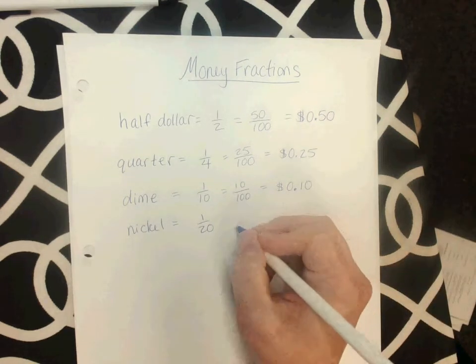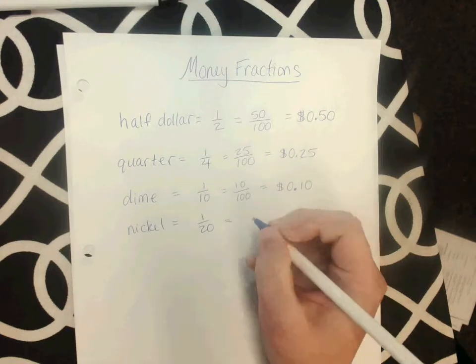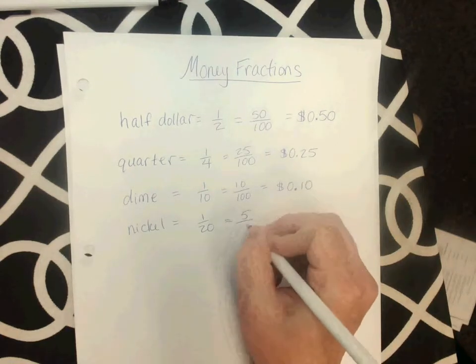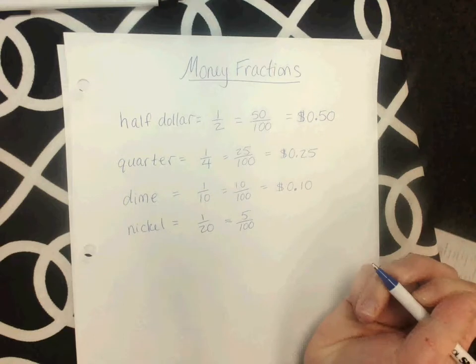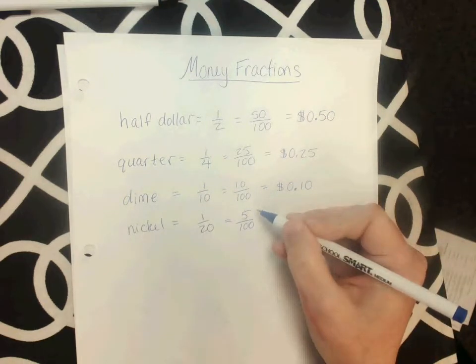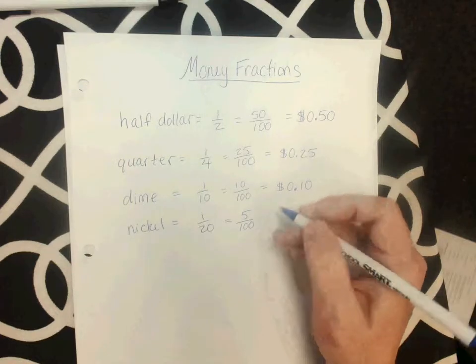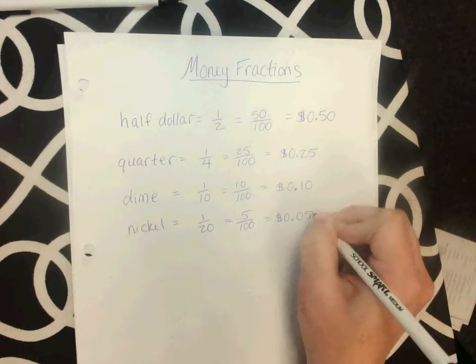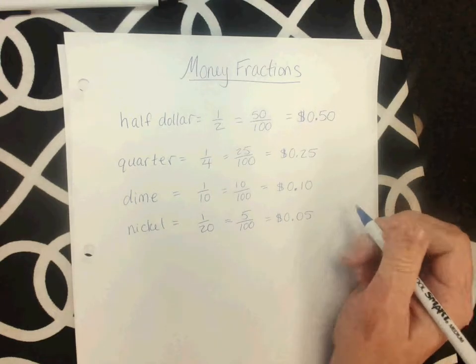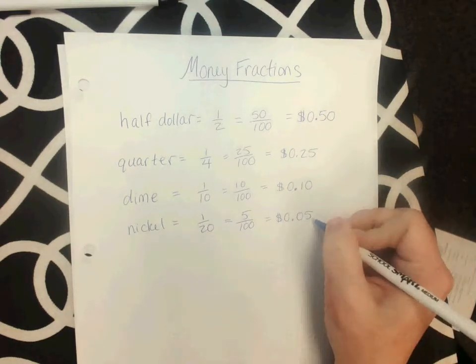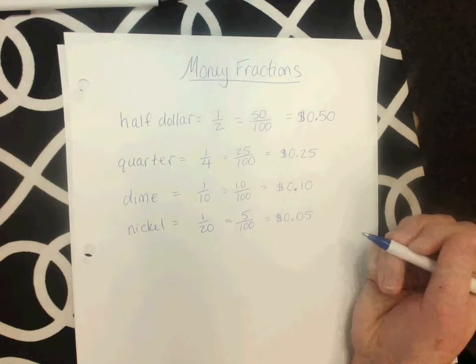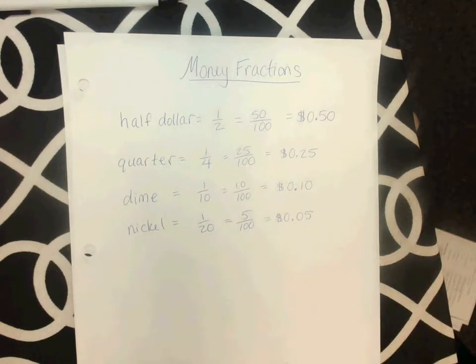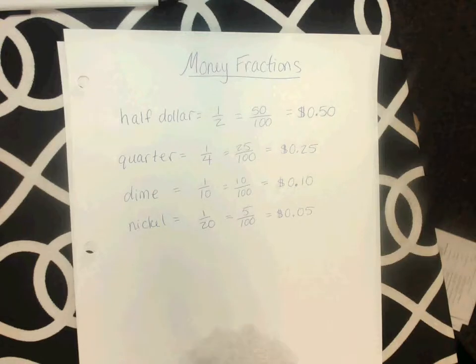We can also represent the value of a nickel with the fraction 5 100ths, because 1 nickel is worth 5 cents out of the whole dollar. The decimal would be written as 0.05. We need to be careful that the 5 is in the hundredths place. Moving the 5 to a different place value changes the value of the 5.